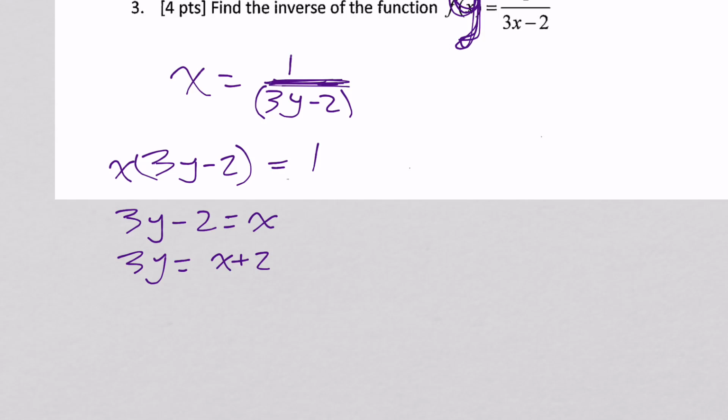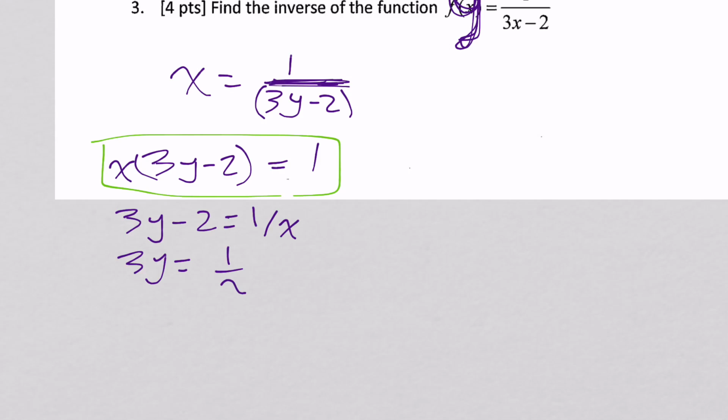All right, so let's back up. At this step right here, I said next I was going to divide by x, and that's not how that works. If I'm dividing by x, then I should not get x on the right, I should get 1 over x, which means in my next step, when I add 2, I should not get x plus 2, but I should get 1 over x plus 2 like that.